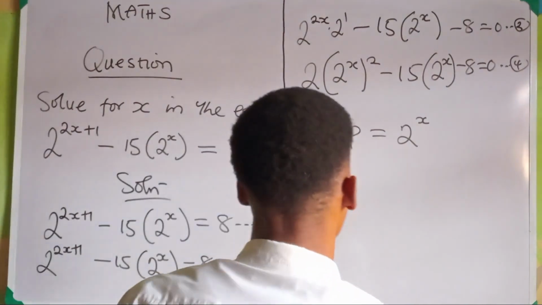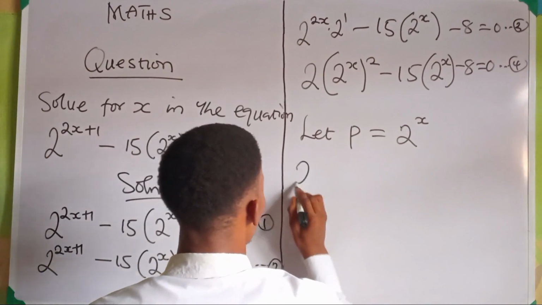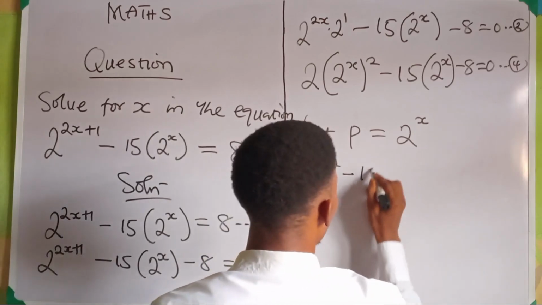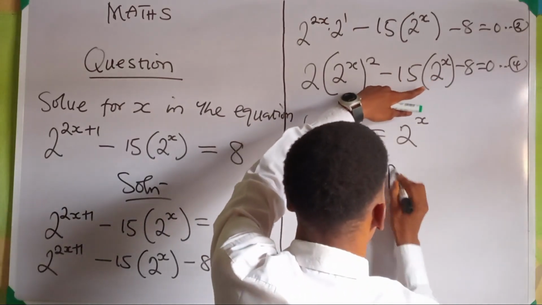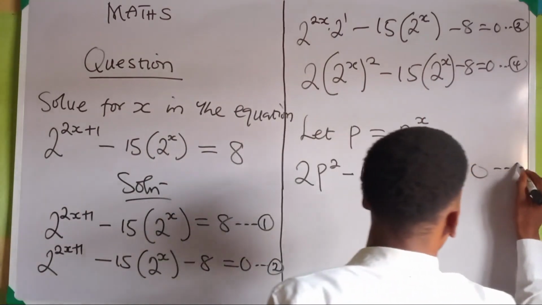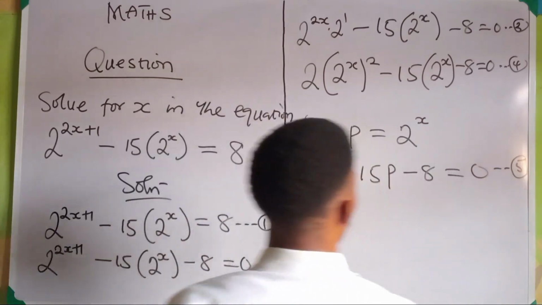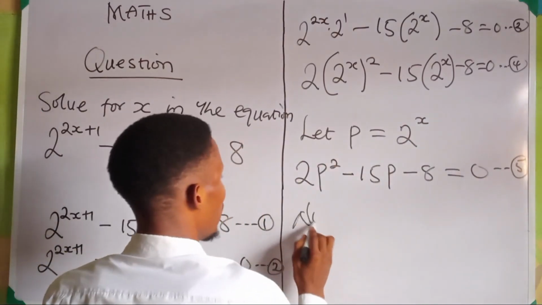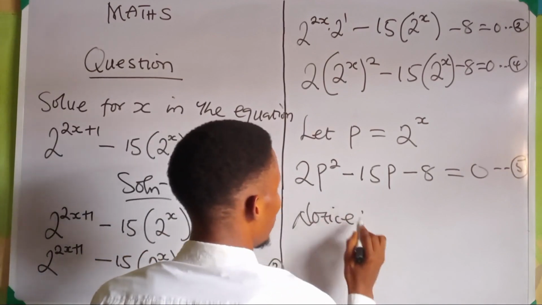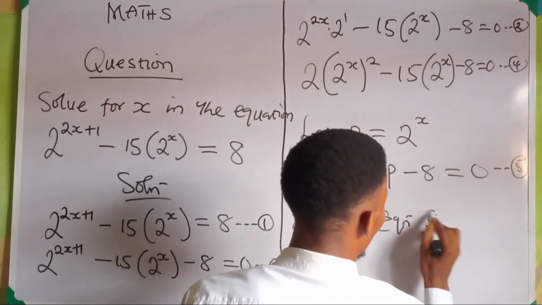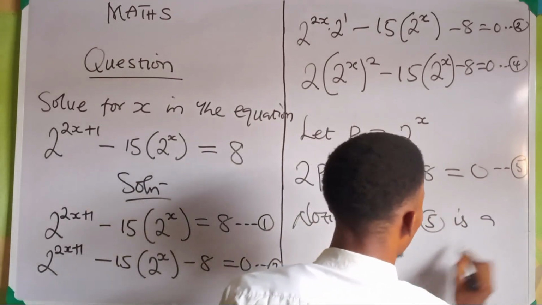So if we do that now, we're going to have 2p squared minus 15p minus 8 equals 0. This is equation 5. So you can now notice that equation 4, equation 5 is a quadratic equation.